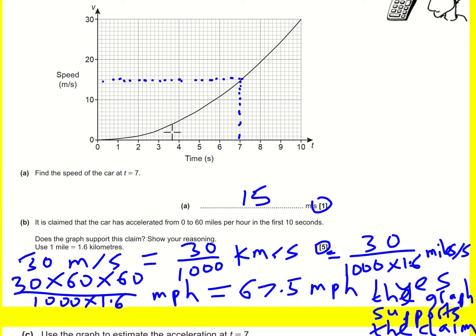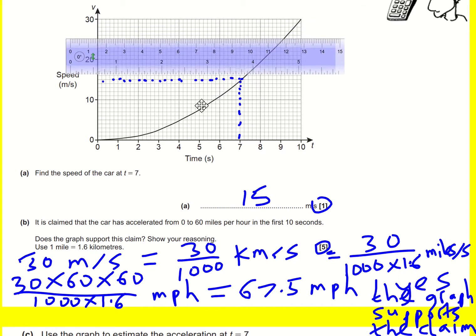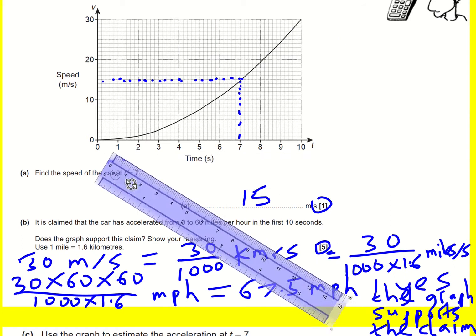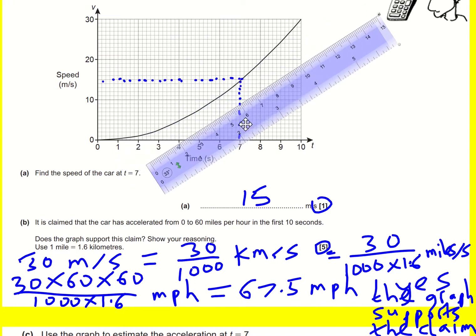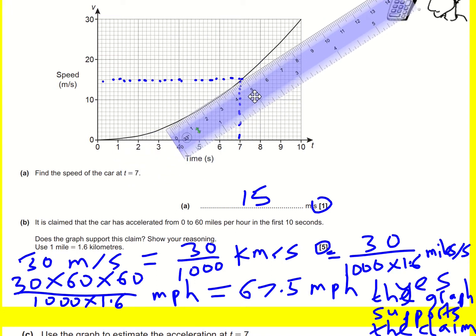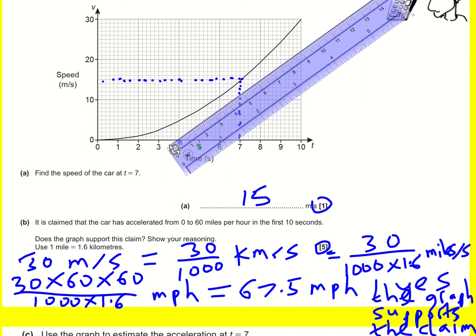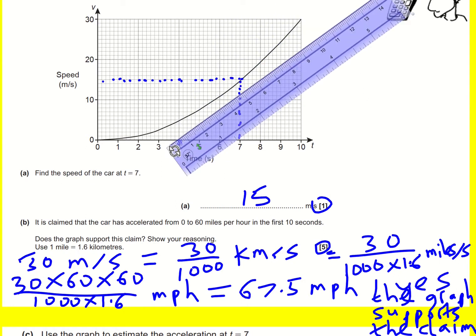The idea behind a tangent is you line your ruler up. Get the ruler, rotate it so that it's just going to touch at 7. You can see this is not just going to touch because it goes through the graph. So I need to rotate it a little bit more. This thing is quite difficult to deal with.